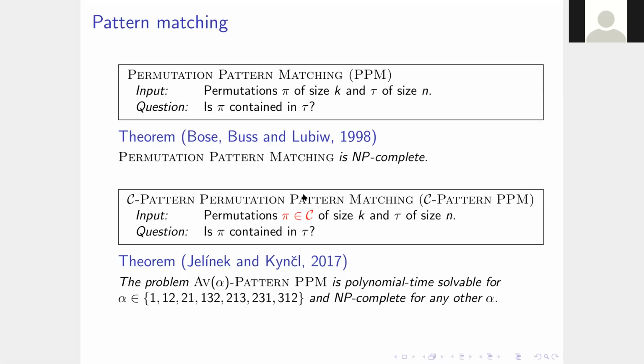And the question is still the same, whether tau contains pi. And so in 2017, Jelínek and Kynčl completely resolved the hardness of this problem for classes defined by avoiding a single pattern. So the Av(alpha)-pattern PPM problem is polynomial-time solvable if and only if alpha belongs to this set of patterns, and NP-complete for any other alpha.